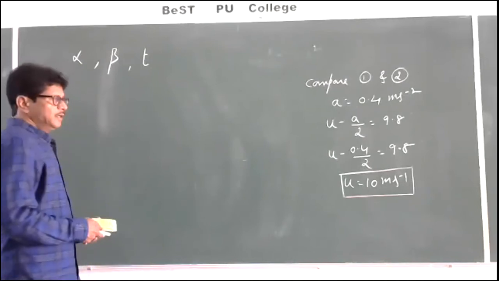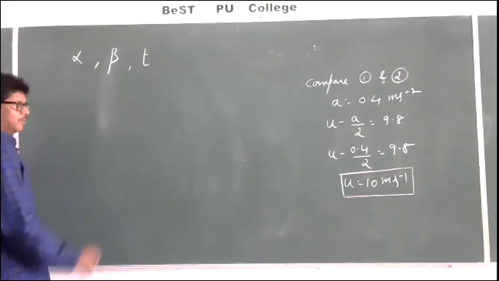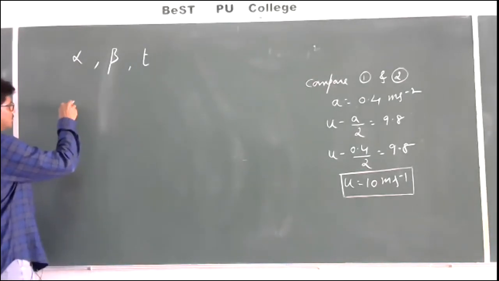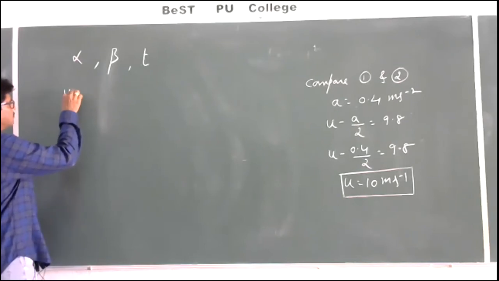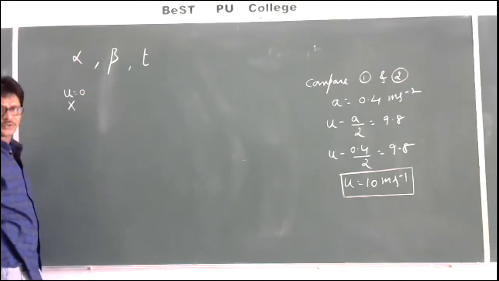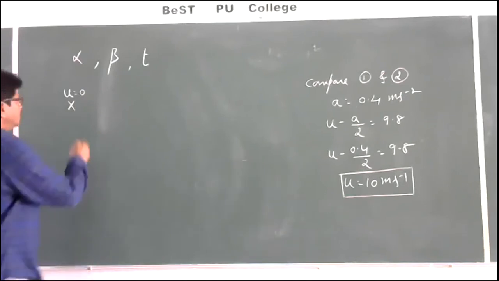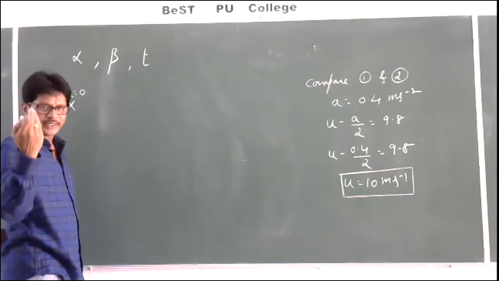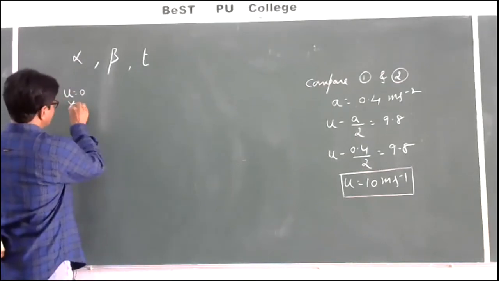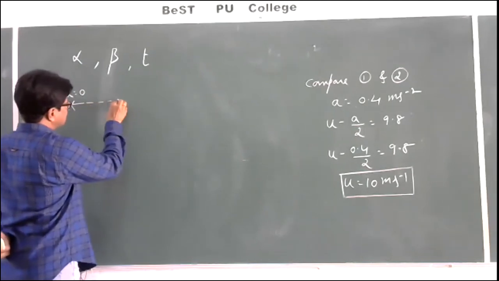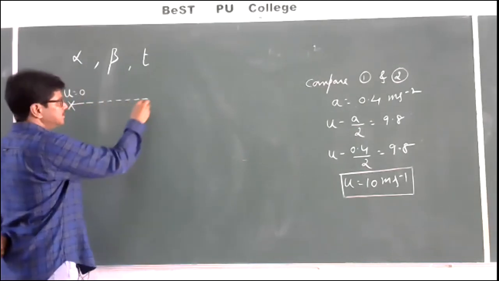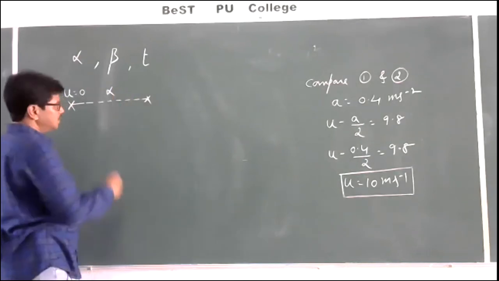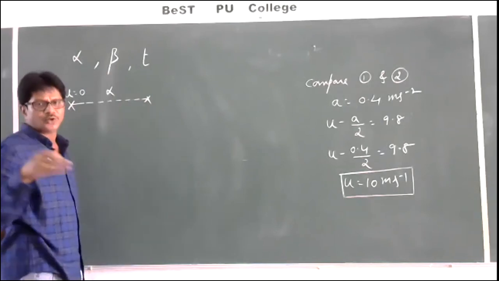Now in the problem, what is given is a body starts from rest, u is equal to 0, and accelerates. Accelerates is nothing but its velocity increases at the rate alpha for a certain time. How much time, we also don't know.